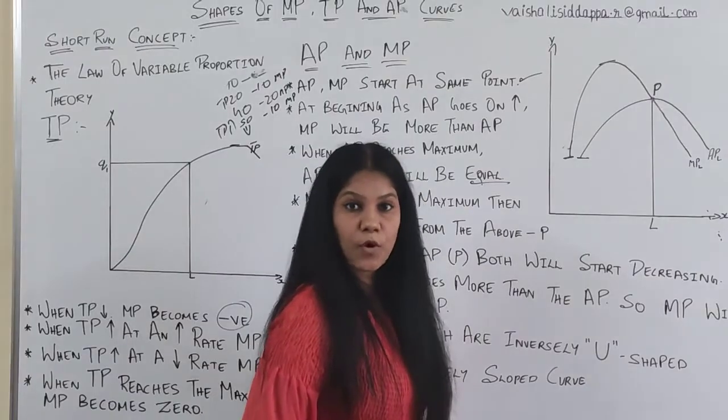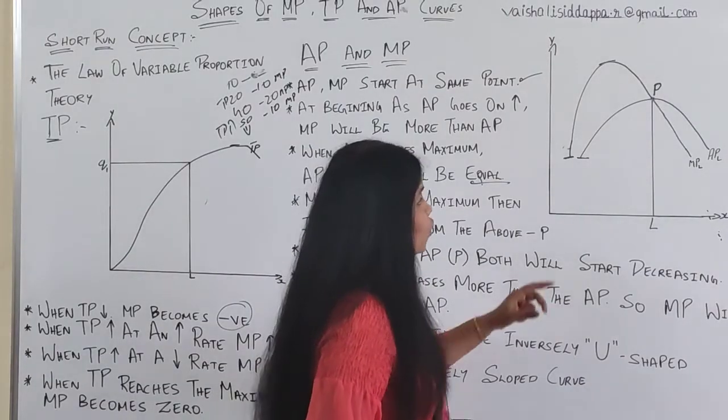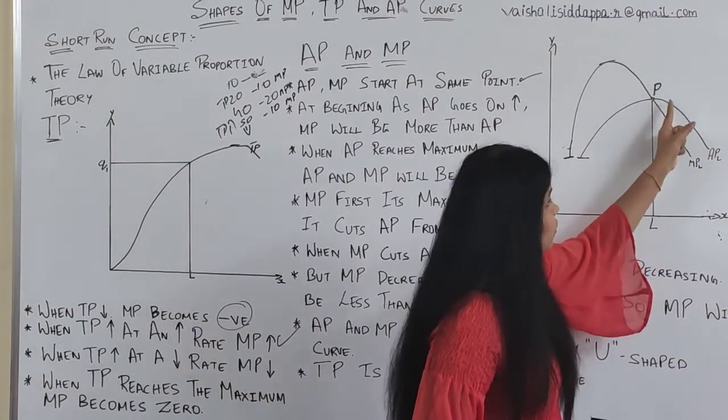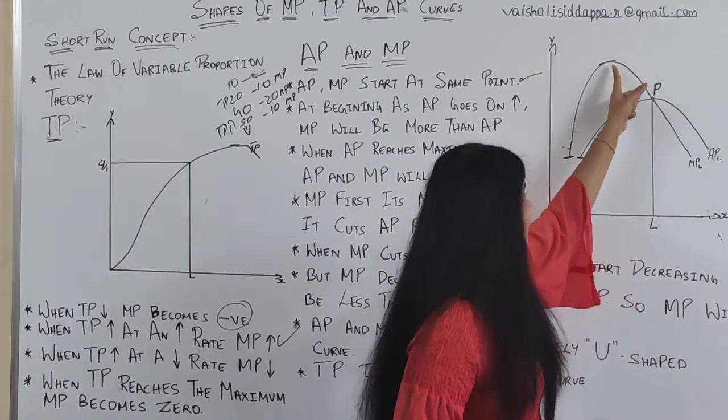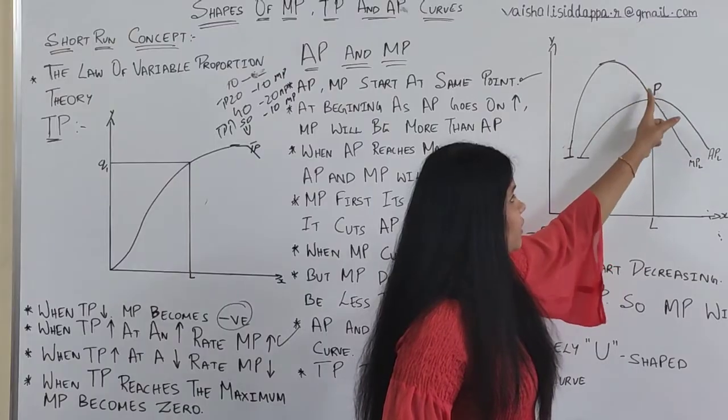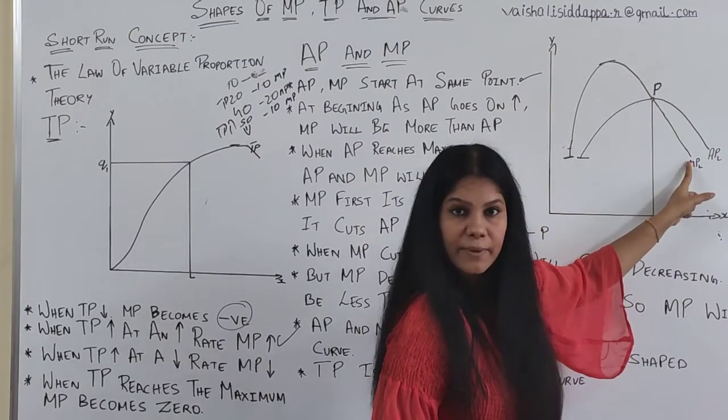After this point, MPL will continue to diminish because it is already decreasing here. The curve is already coming down.